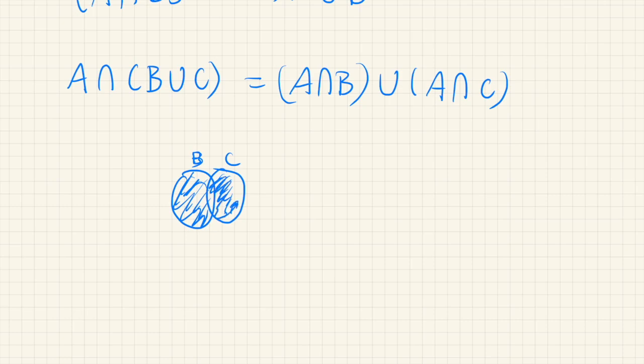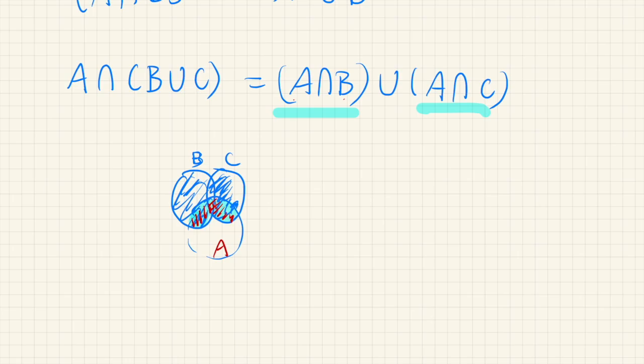This is the union. And if we have A here, if we have a cap, then that will be this part. So this part can also be expressed as this union this, right? So this is A, and A cap B is this part, and A cap C is this part.